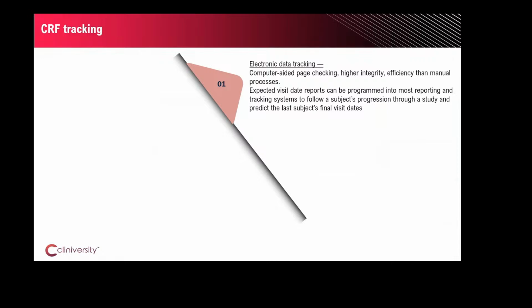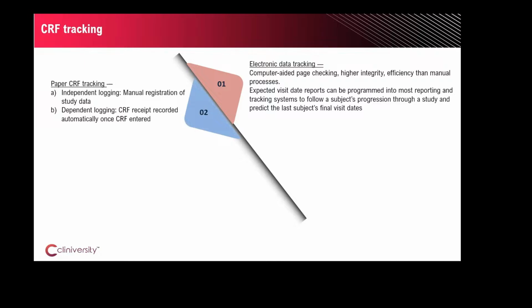Regardless of how the data are received, procedures should facilitate timely, high-quality data processing. Expected visit date reports can be programmed into most reporting and tracking systems. By this, we will be able to follow the subject's progression throughout the clinical trial, as well as even predict when the subject will have their last visit.